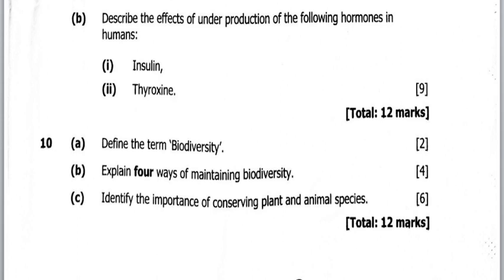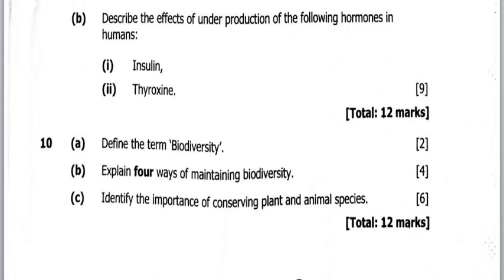What are the 3 areas of conservation? We have reduce, reuse, and recycle for sustainable use of resources. So that is how you can maintain biodiversity.